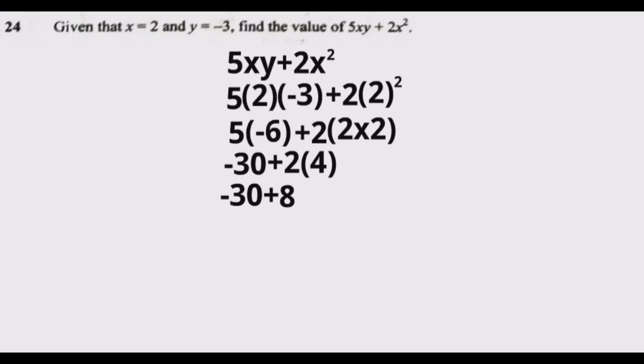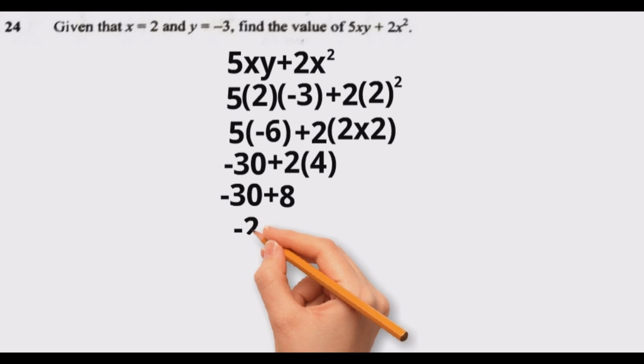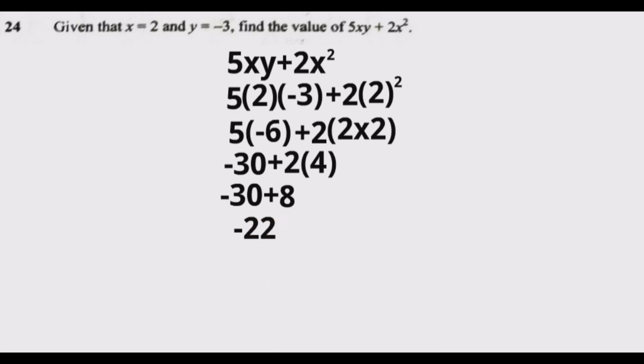Then what is the difference of 30 and 8? In case you are confused, I mean 30 minus 8, which gives us 22. So our answer is negative 22.